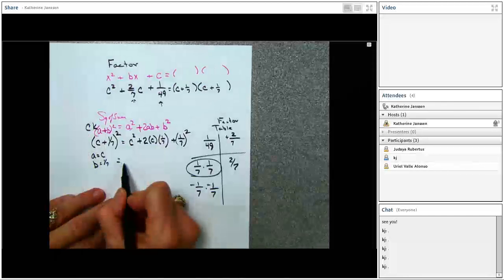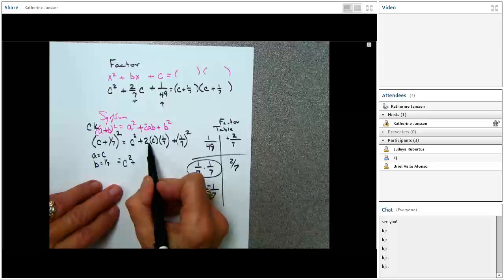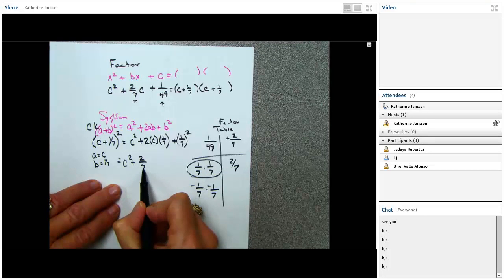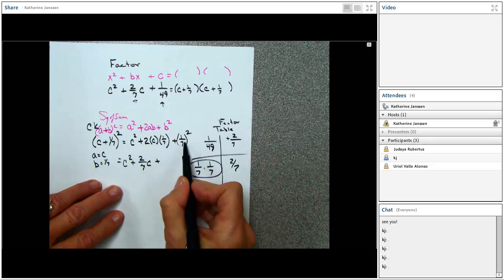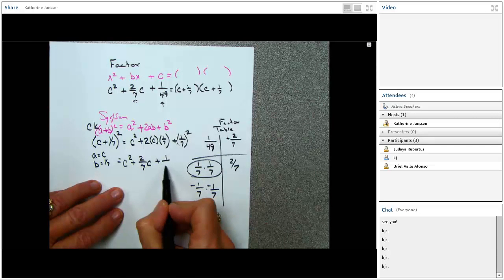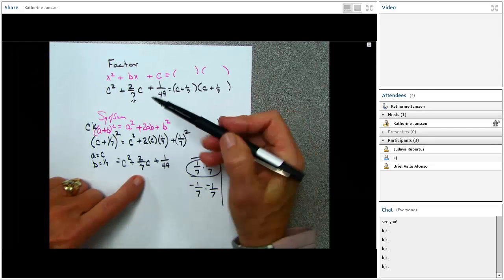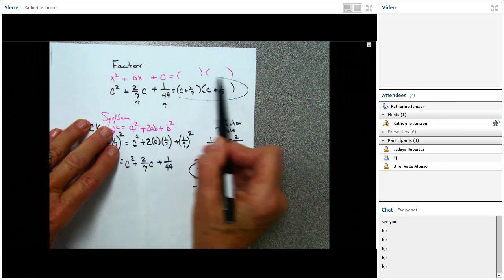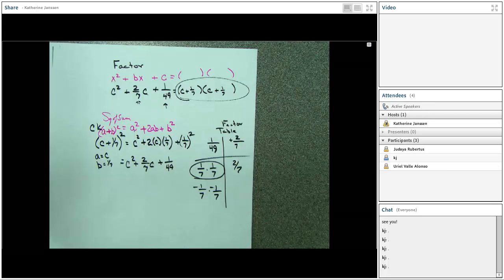So expanding, I have C squared plus 2 times 1/7 would be 2/7 times C, plus 1/7 times 1/7 is 1 over 49. C squared plus 2/7 C plus 1 over 49 checks. So you can circle your factored result. So a little review with fractions there in order to factor and summate.